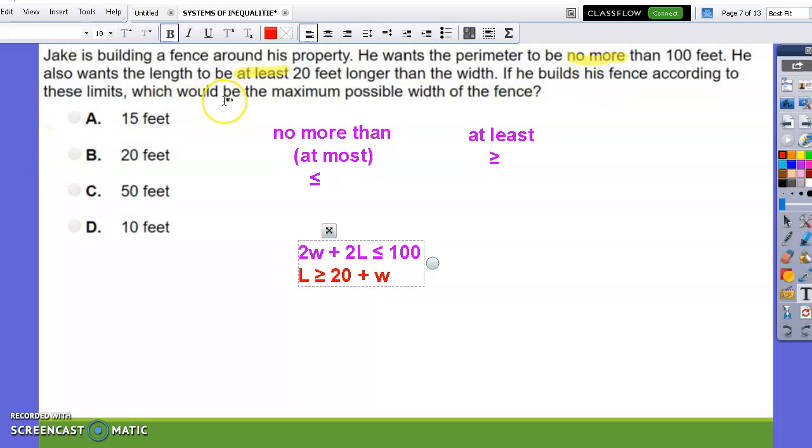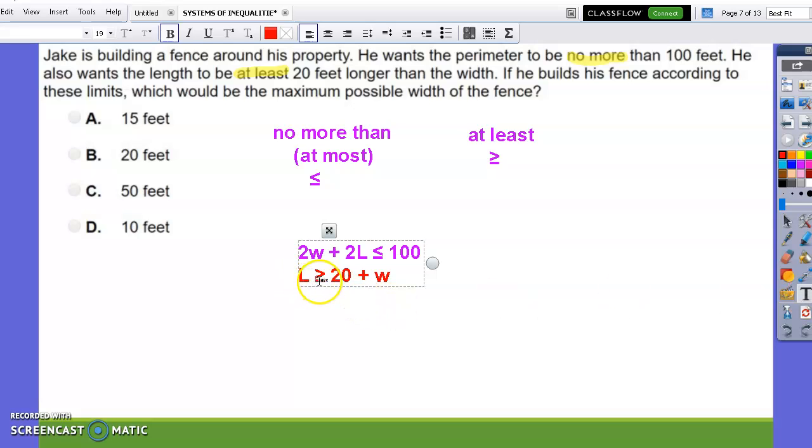He wants to know which would be the maximum possible width of the fence. So he wants us to use these two inequalities to figure out what W is. Okay, and W will be the maximum possible width of the fence. So we could use substitution here.